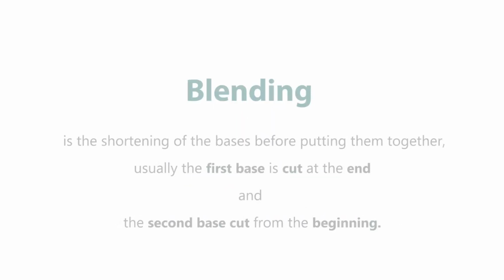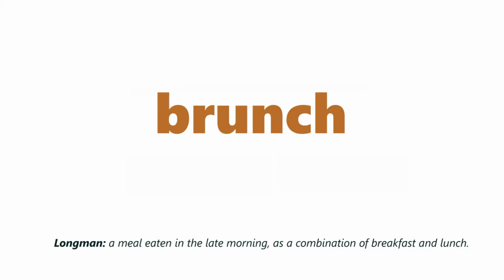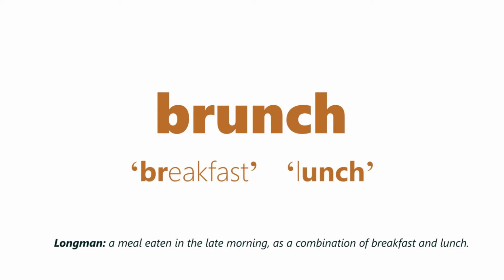So you see, this is a typical blend. Beginning of a word, end of another word, put together. But you will see that there's some variation to this as well. Another example is brunch. It's from breakfast, so br, and then unch from lunch.